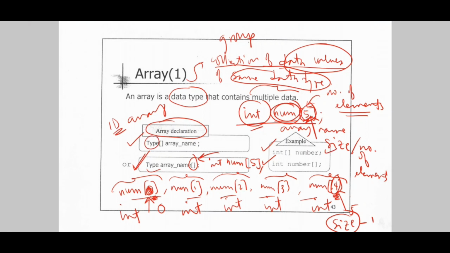The data type is integer, followed by the square brackets, and then the array name is num, and then terminated by semicolon. For the second syntax, we have data type, in our example int, then followed by the array name, say num, then followed by the square brackets and the terminator, the semicolon.